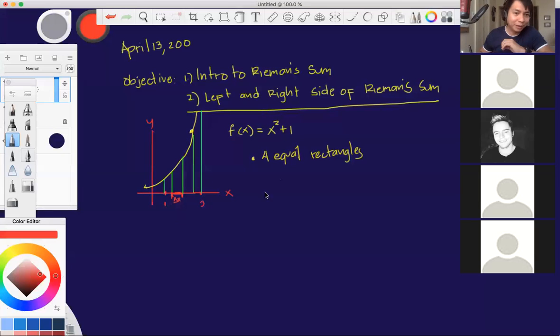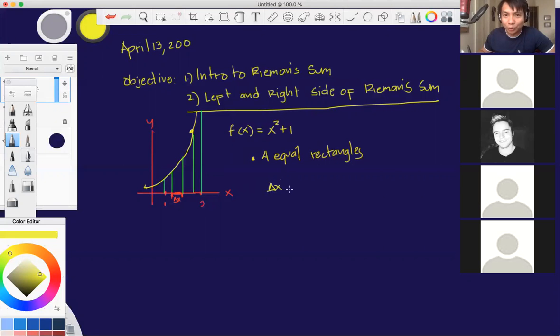So just in case for everybody to have an idea, I'm just going to write down our equation. Again, guys, this is only for when you have 4 equal rectangles. Sometimes your problem may give you unequal sides or unequal rectangles. In this case, we are going to have 4 equal rectangles. So how do we do that?